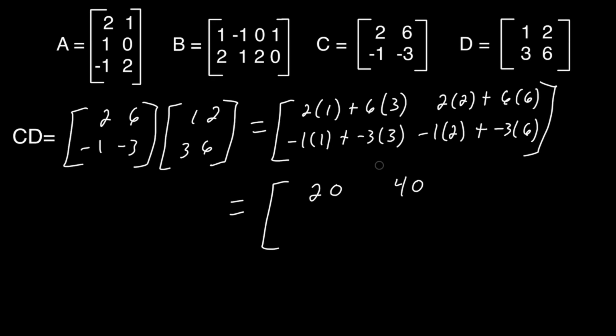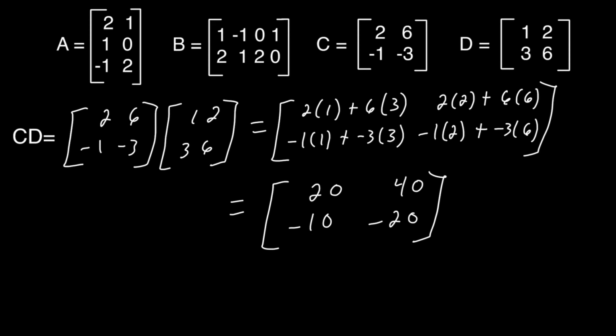Negative 3 times 3, negative 9. So negative 9 plus negative 1 is negative 10. And then negative 1 times 2 is negative 2, plus negative 3 times 6, negative 18, plus negative 2, negative 20. And that right there is CD.